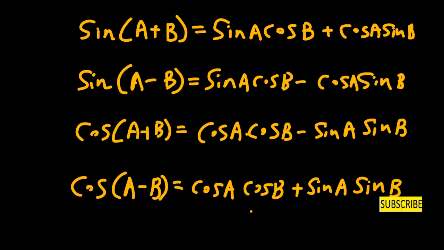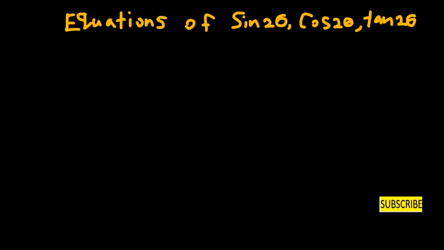Now I will show you guys how to obtain the equations of sine 2 theta, cos 2 theta and tan 2 theta. First of all, we need to consider sine 2 theta.